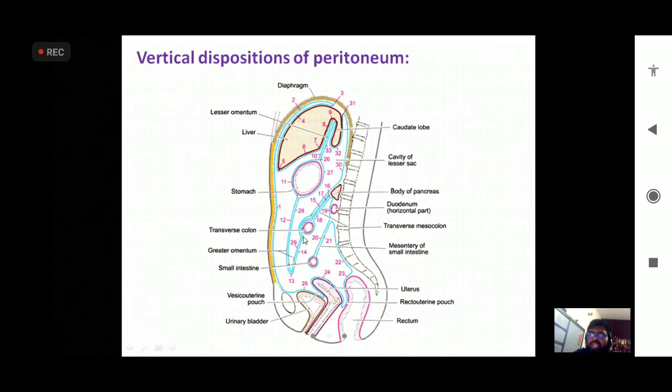But we now understand how the first one becomes the fourth and doesn't become the transverse mesocolon. Rather, it wraps around the transverse mesocolon to reach the anterior border of the peritoneum.